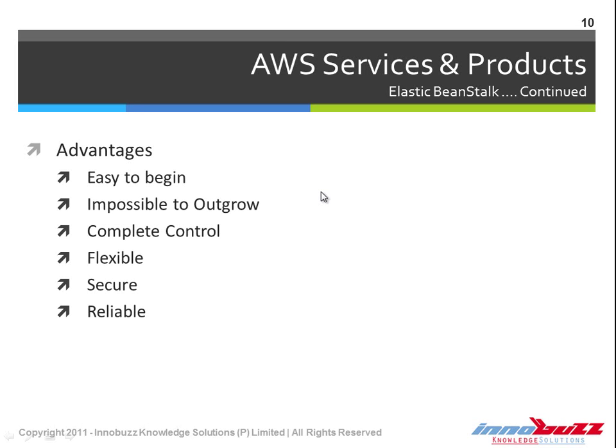The second advantage is that it's impossible to outgrow, because when we deploy our application into Elastic Beanstalk, it has EC2 instances as well as load balancers to meet the incoming traffic, and it also uses the technology of auto scaling. So based on the traffic or the requests, it automatically scales up and down to meet the incoming requests of our application.